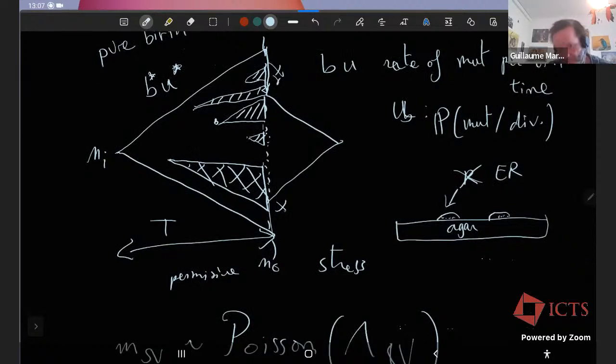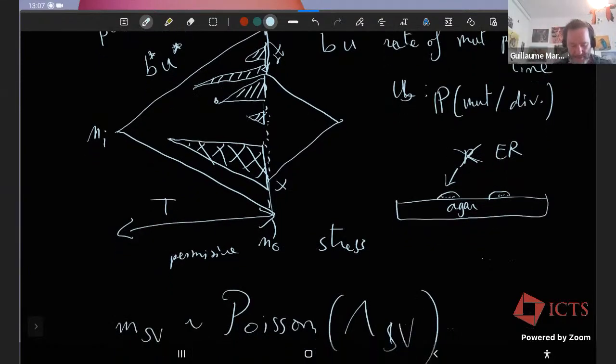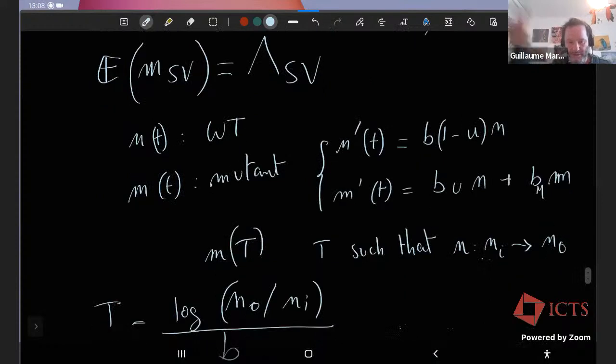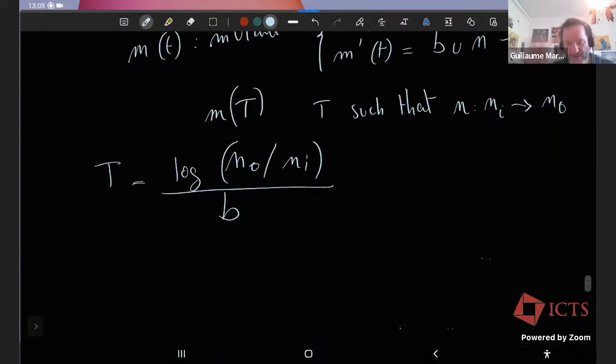So this is wrong. We stop the culture when the whole population reaches some level. But if your mutation rate is small, if you write really N plus M, the sum of the mutant and wild type, and you look for the time to reach some given value, you see that the things are close. And now you look for the number of guys you get at that time.